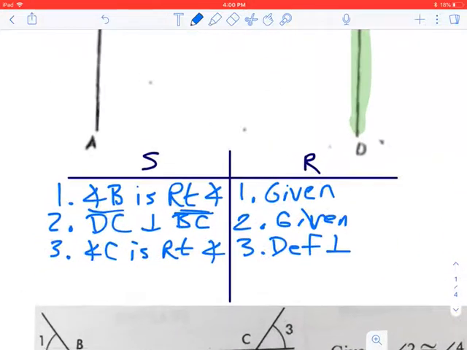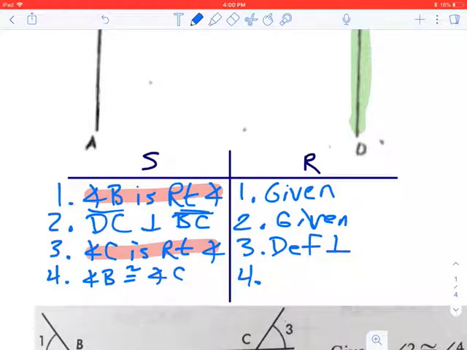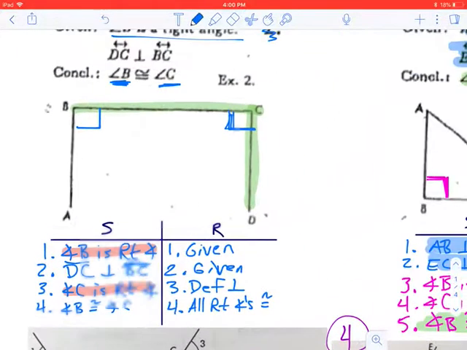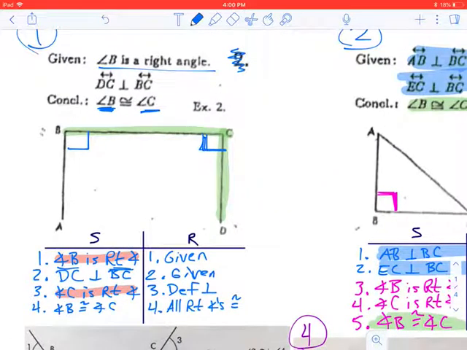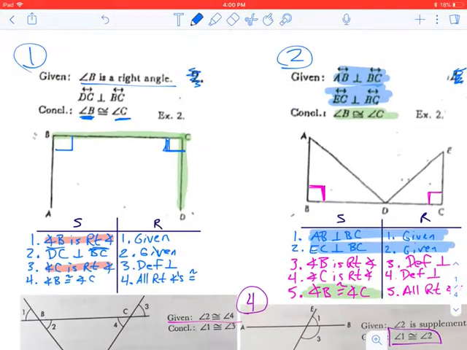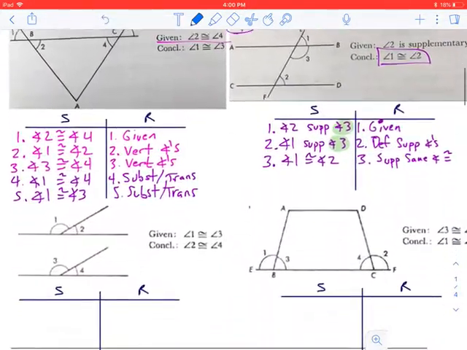And so now that we have these two pieces of information, angle B is a right angle, angle C is a right angle, now we can go ahead and say angle B is congruent to angle C. Because of our new theorem, all right angles are congruent. Okay? We don't have to say anything about 90 degrees. We don't have to say anything further than that. Okay? So let's move down.